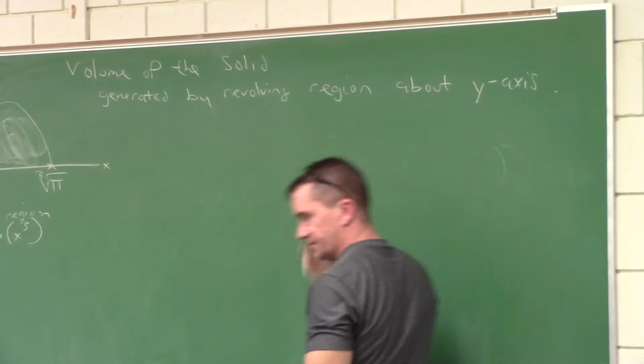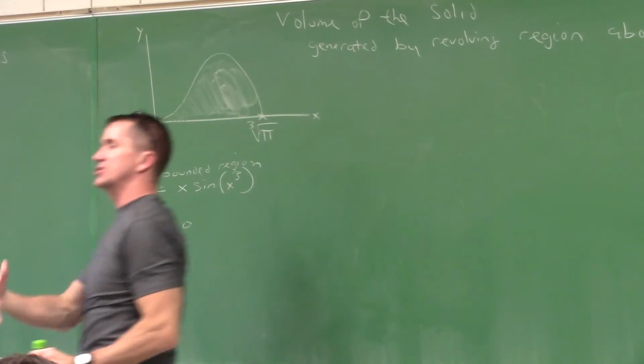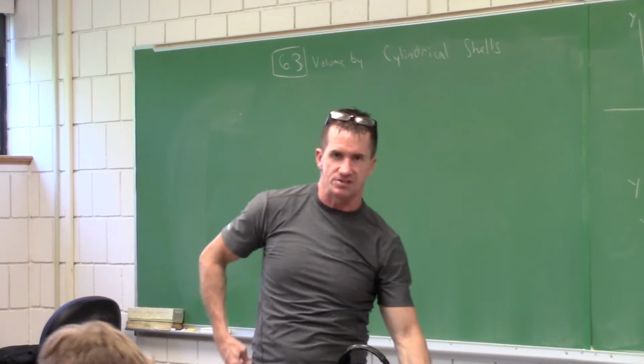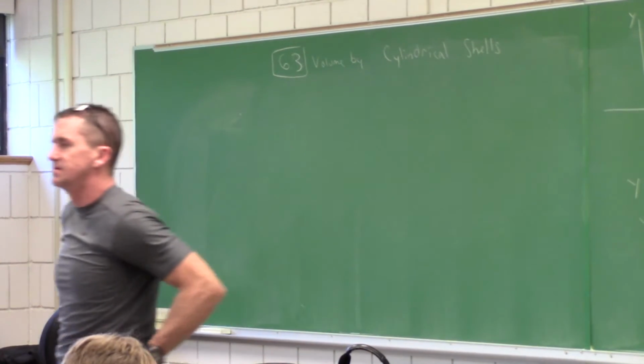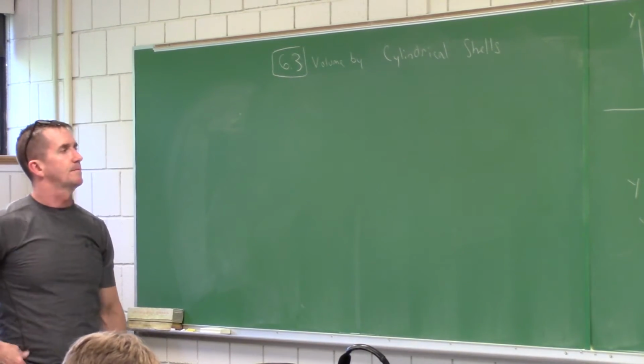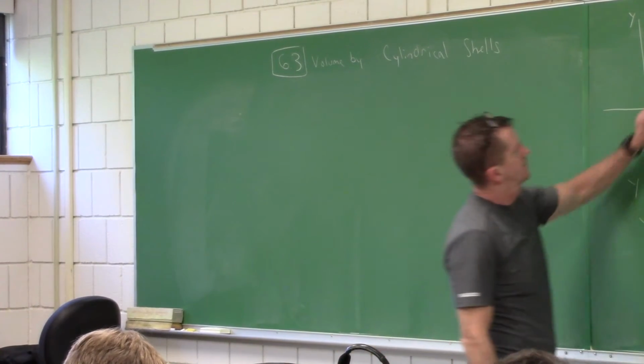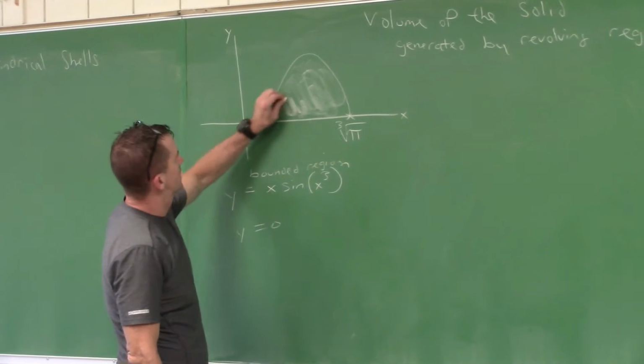Okay. And this is just a good problem to present to give us an idea that maybe there's a better way to approach this problem than section 6.2, the washer method.